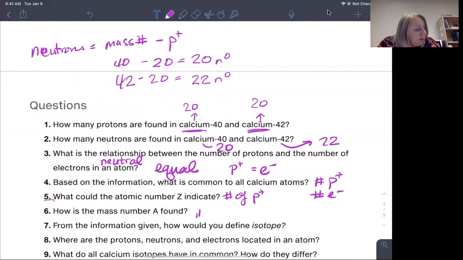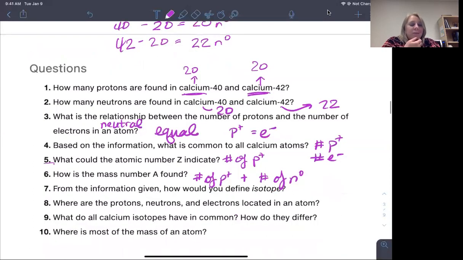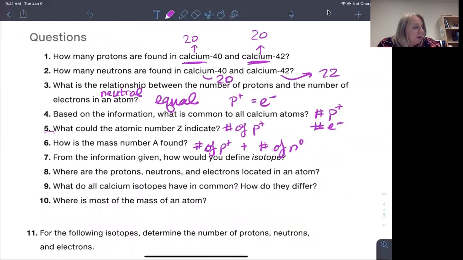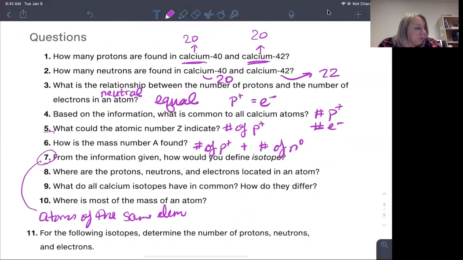We take our number of protons and we add them to our number of neutrons and we get them, right? So from the information given, how would you define an isotope? So it's atoms of the same element with different numbers of neutrons.